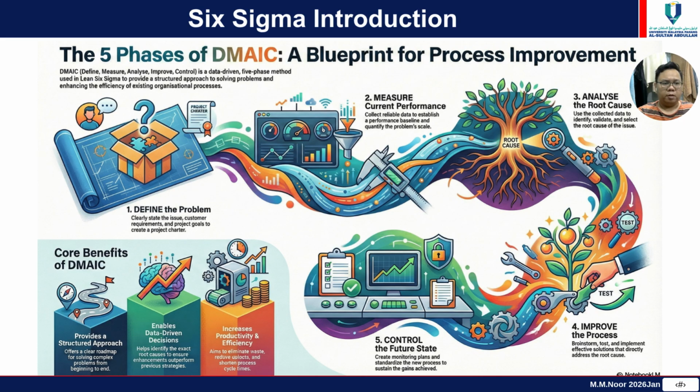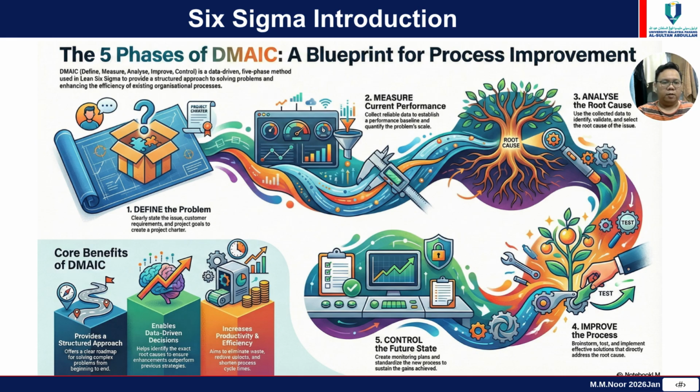Six Sigma is a data driven methodology used to reduce process variation and eliminate defects. It aims to achieve fewer than 3.4 defects per million opportunities, which represents world class quality performance. The methodology was first developed by Motorola in 1986 and later popularized by General Electric under Jack Welch.